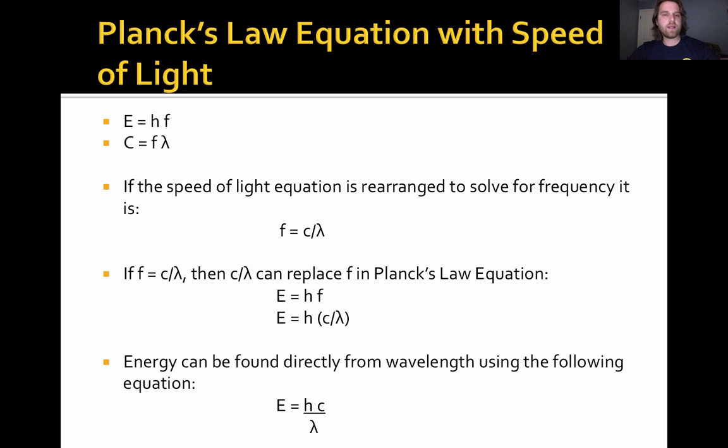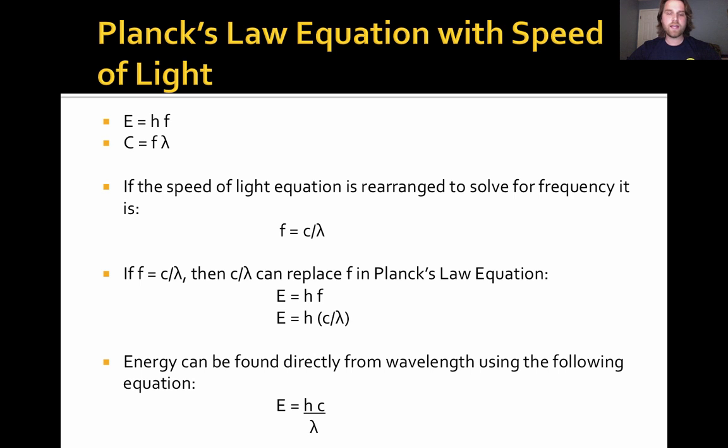Okay, great. So Planck's law equation with speed of light right here. So you've got both equations, E equals HF and C equals F lambda. The speed of light equation, if you actually rearrange it to solve for frequency, you get frequency equals speed of light divided by wavelength. So what you can do is if you replace frequency in the Planck's law equation, you can make it so that you don't have to have frequency to solve for energy.